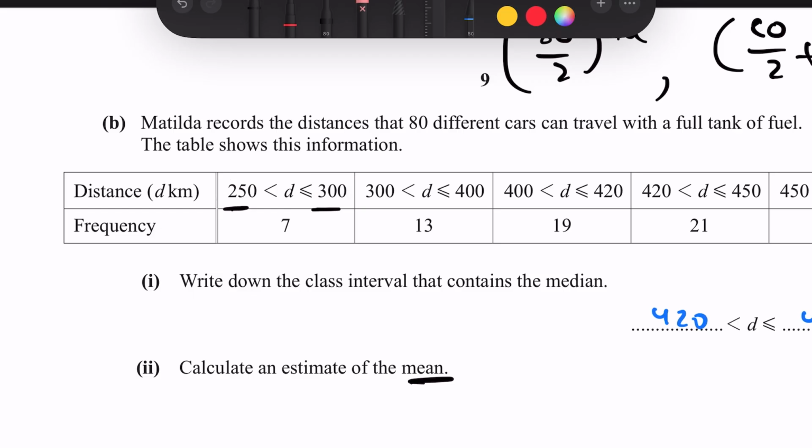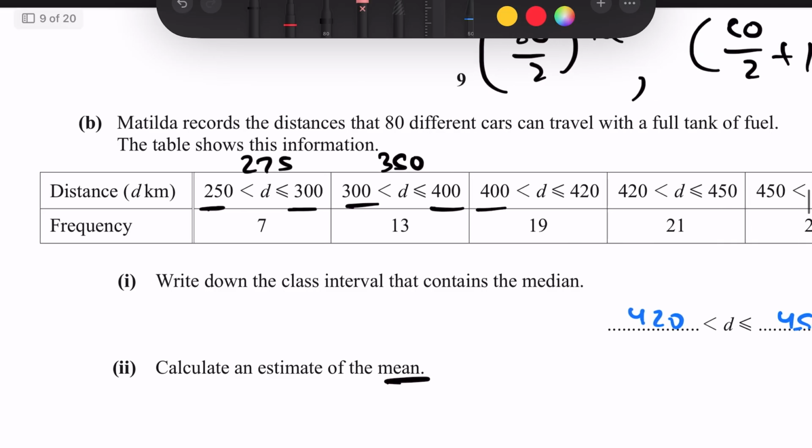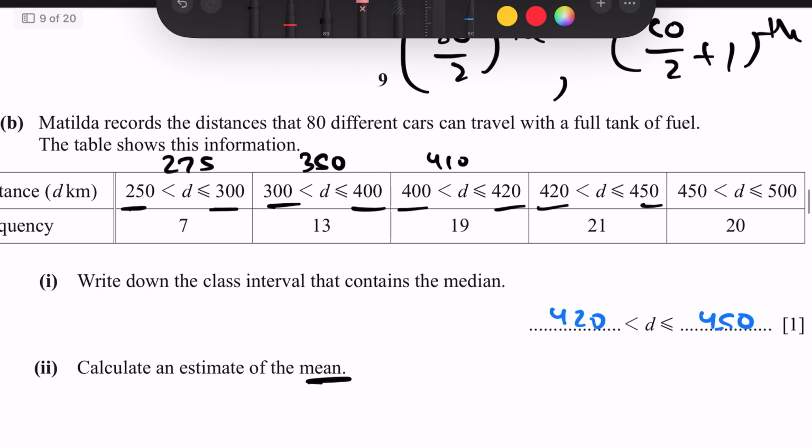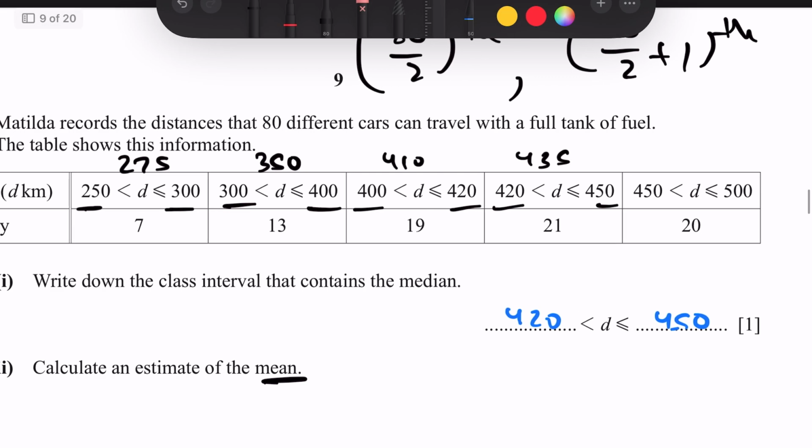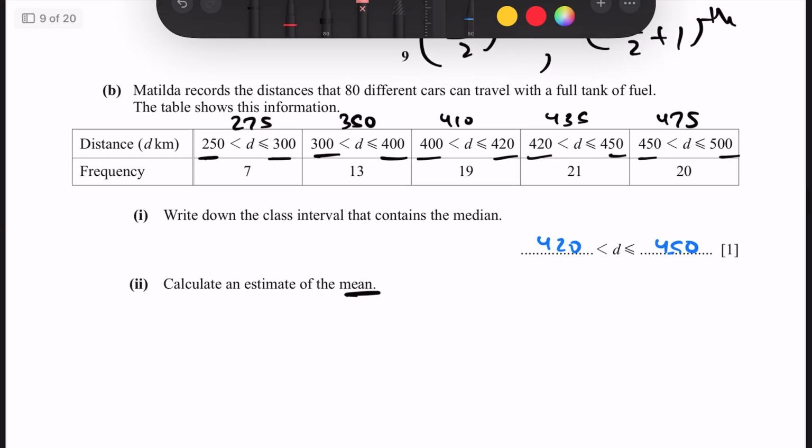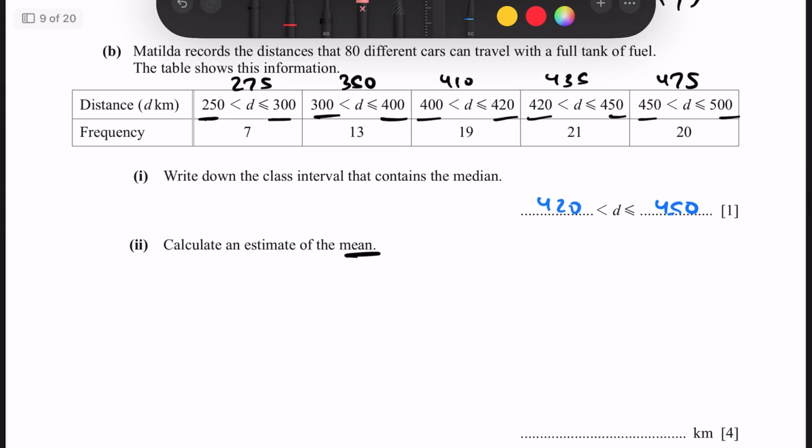So the average of 250 and 300 is 275. The average of 300 and 400 is 350. The average of 400 and 420 is 410. The average of 420 and 450 is 435. And the average of 450 and 500 is 475. Now with these values, to find the mean, we multiply this midpoint value by the frequency for all these.